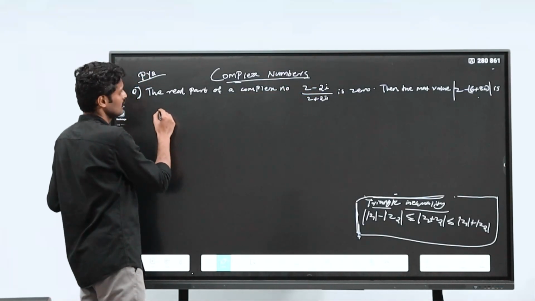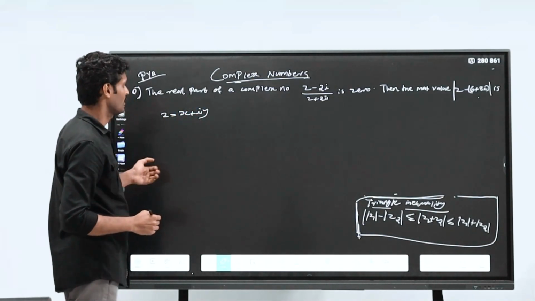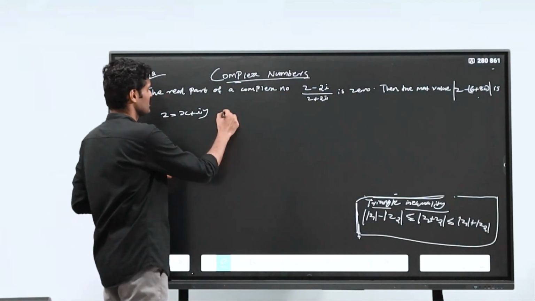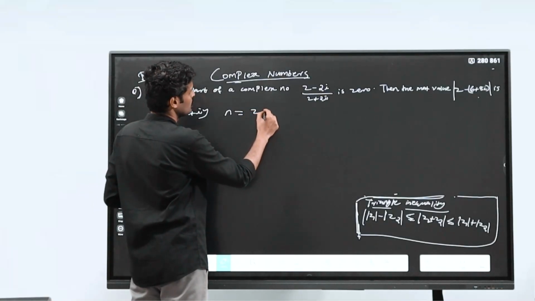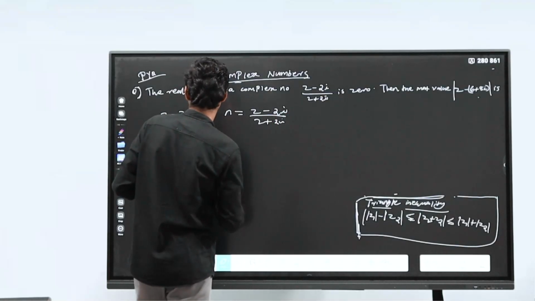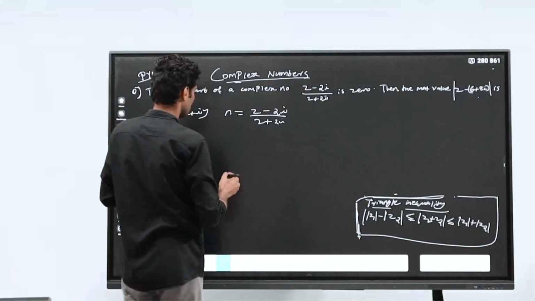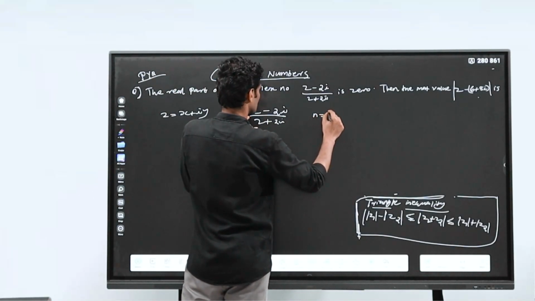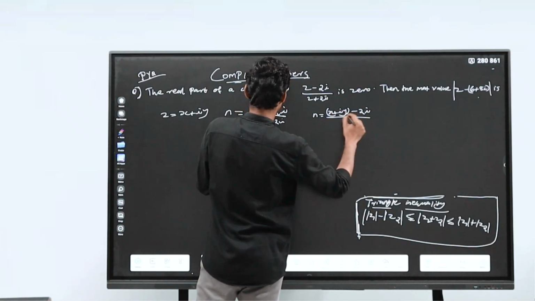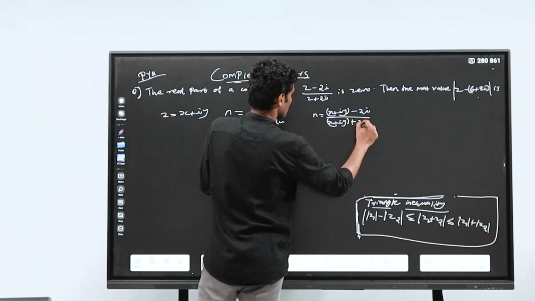So let z equal to x + iy, and the real part of the complex number is given. So we can put n = (z − 2i)/(z + 2i). We can substitute the value of z here in n, then we will get n = (x + iy − 2i)/(x + iy + 2i).